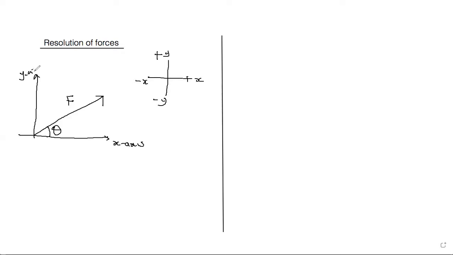Now this force has two components. It has a component along y, which I call Fy, and another component along x, which we call Fx. So what do I mean by component along x?